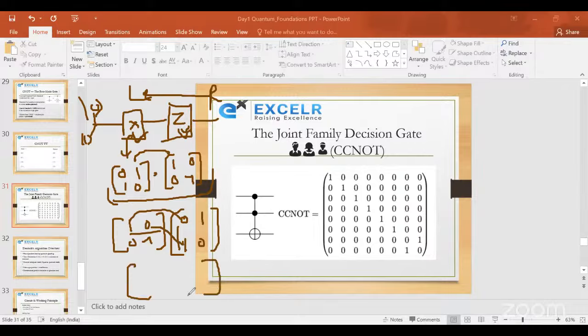So we will get one matrix from the multiplication. Then this matrix we will multiply on the inputs, which will be either 0 or 1.